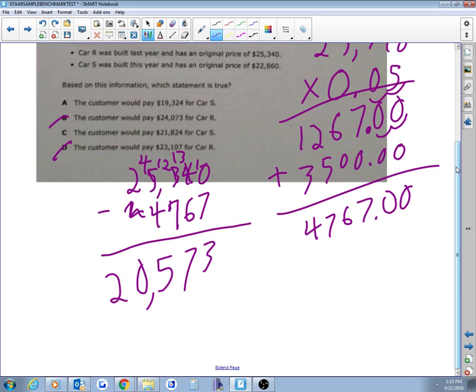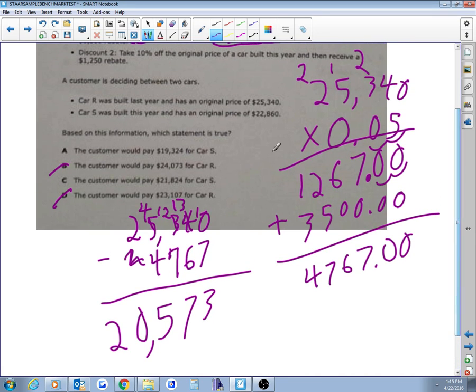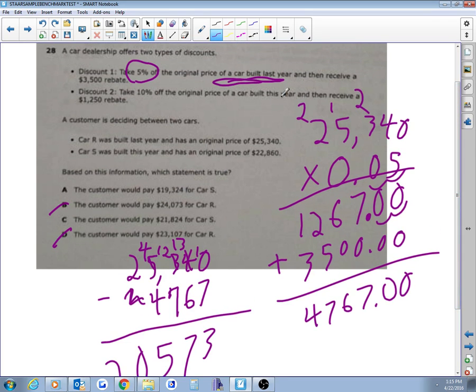So now we have to calculate the cost of car S. Car S is built this year, so we're going to use discount 2: 10% off the original price. Finding 10% of a number is easy. You just move the decimal once. Let me go ahead and clear some room.